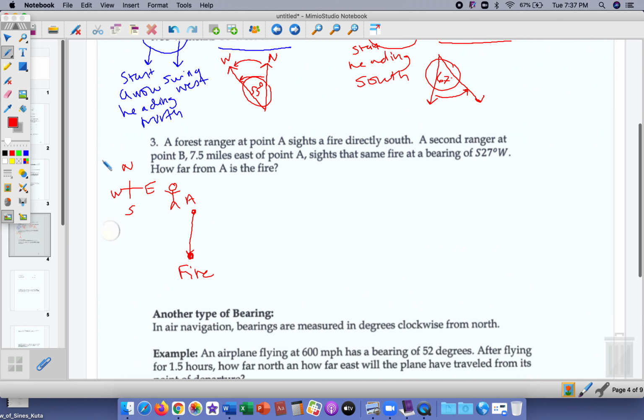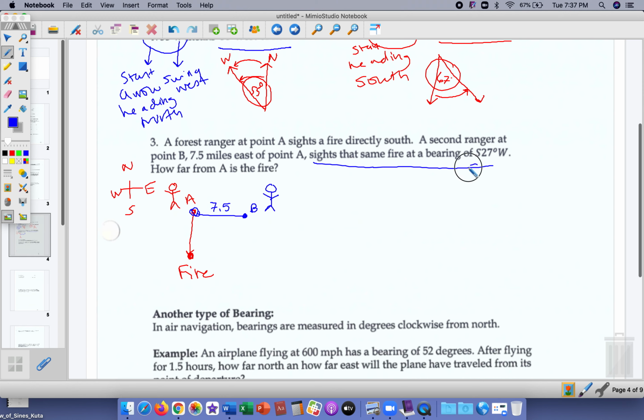Then it says a second ranger at point B, 7.5 miles east of A. So if I'm at A and I go 7.5 east of A, east is this way. So I'm 7.5, and that's where ranger B is. Now, ranger B sights the fire at a bearing of 27 degrees west of south.